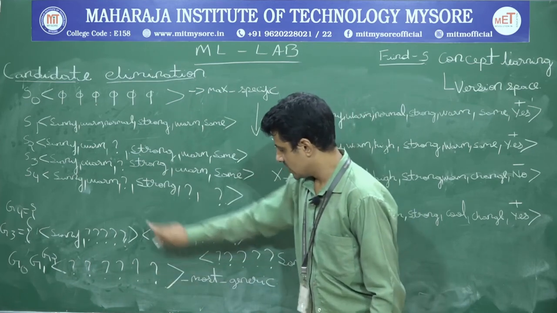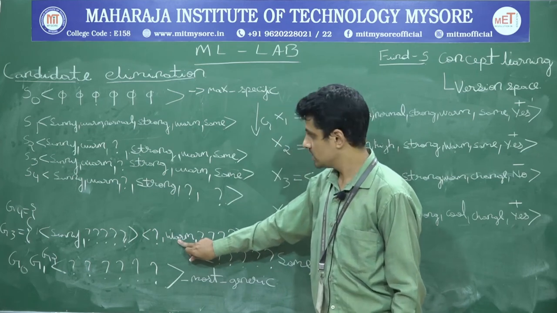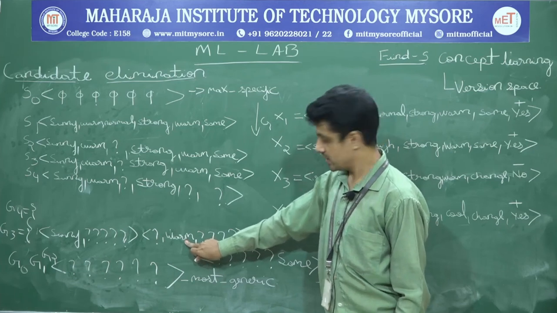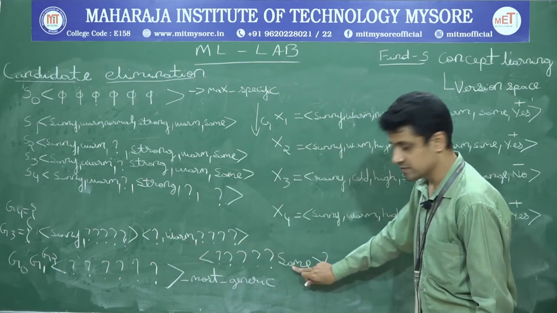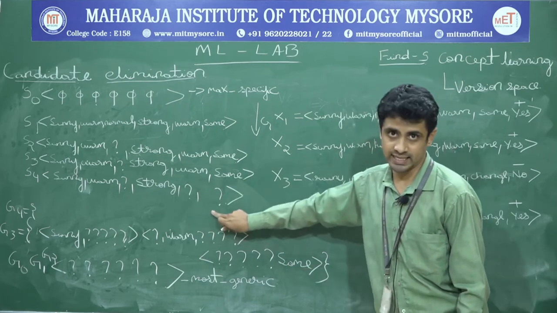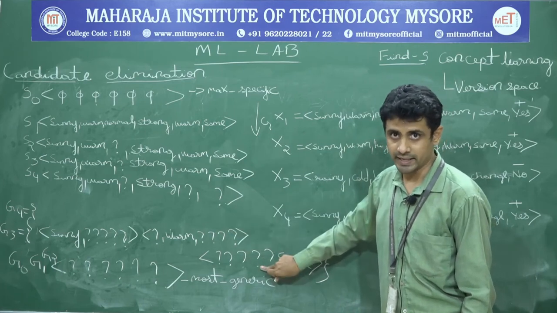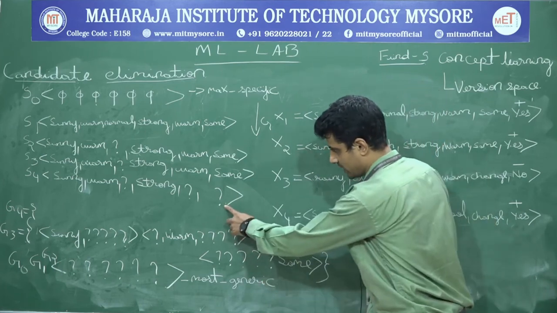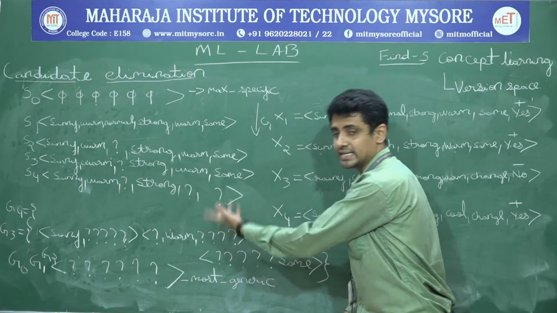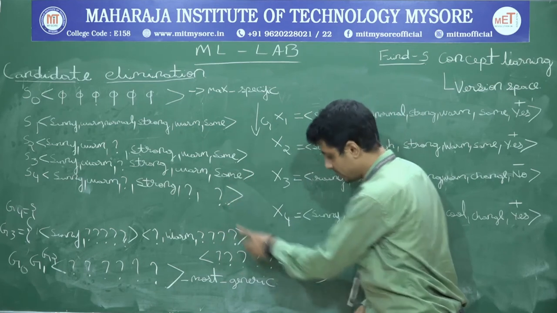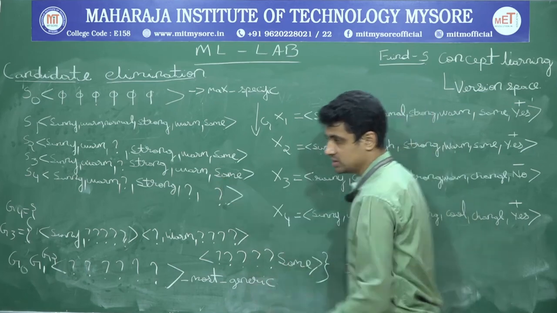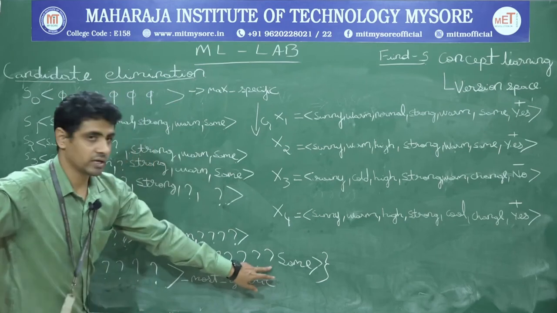Next I have warm here, and there is warm here, so warm can be there. Next one, we have same here, but there is no same in S4, meaning it is already more generalized than this. What it says is already I have a question mark in this particular position, the sixth attribute position. This question mark indicates it is already generalized, it can take any type of value. I need not be specific with respect to the same.